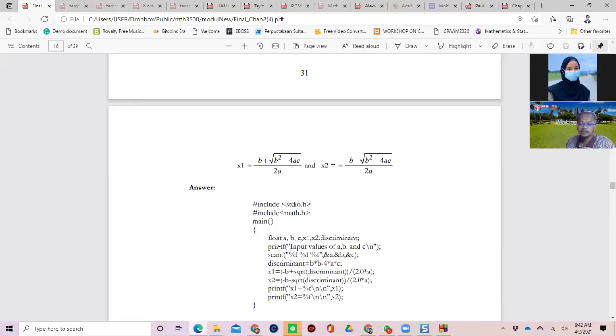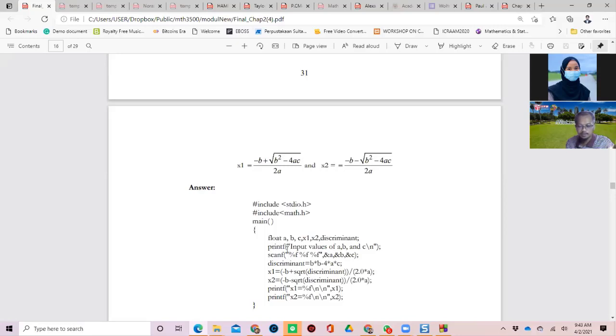Then printf "input value A, B, C", and then scanf. The first printf asks the user to key in the values. If we do not write the printf and just go to the scanf, what happens is the black screen will only be blinking, so the user does not know what the instruction is.